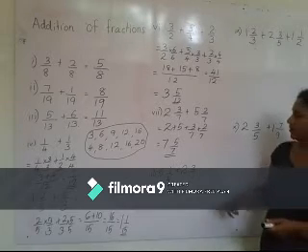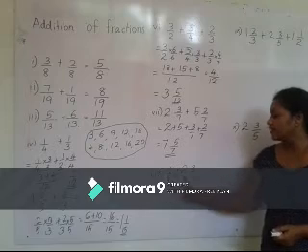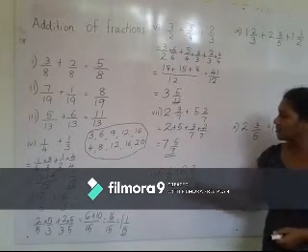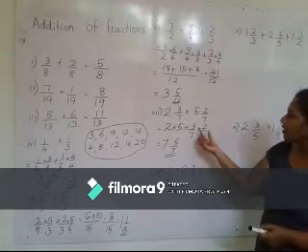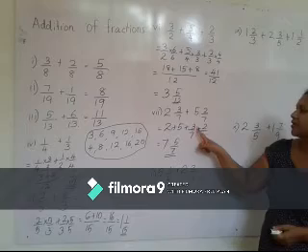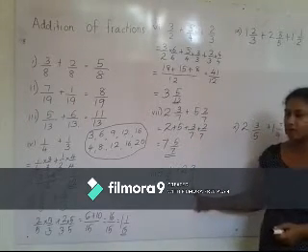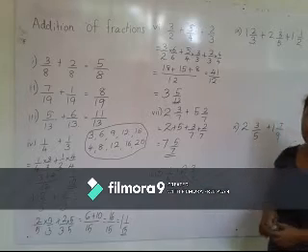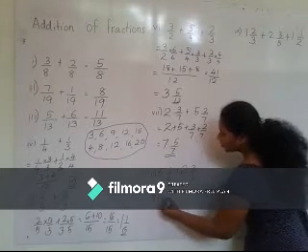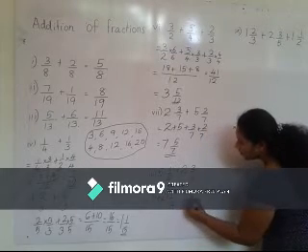Next, here also mixed numbers. So we must take the whole numbers separately and the fractional part separately. Earlier the fractions had the same denominator, so we just added the numerators. But here the denominators are different, so we have to make them the same. Then 5 added to 2, added to 1/4 added to 1/3.